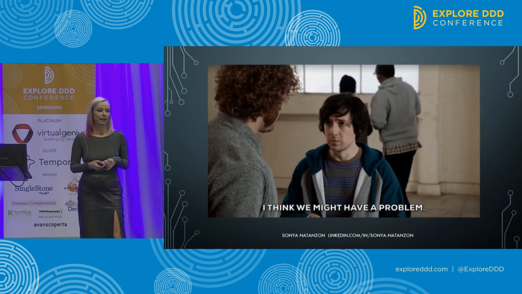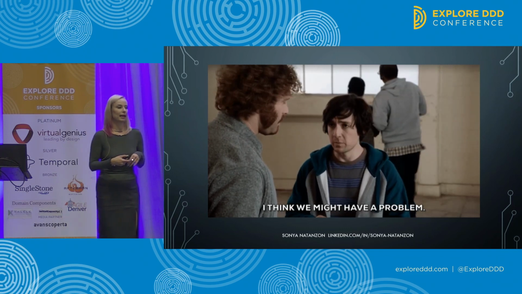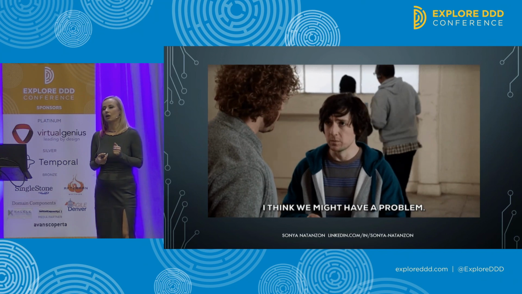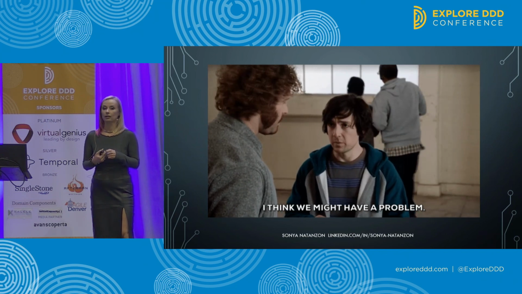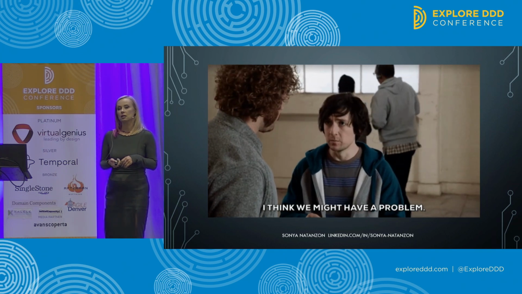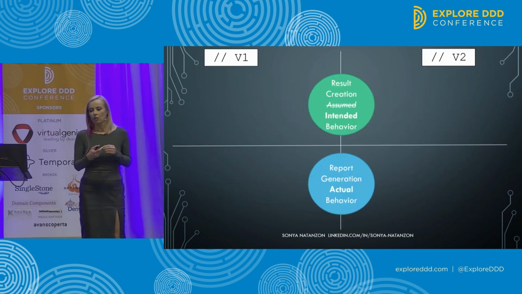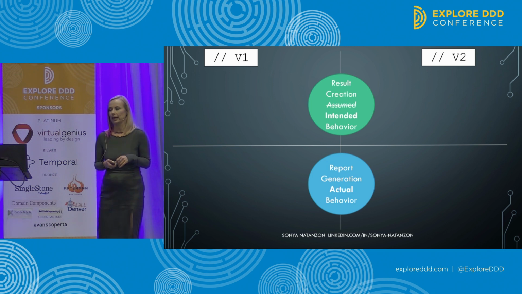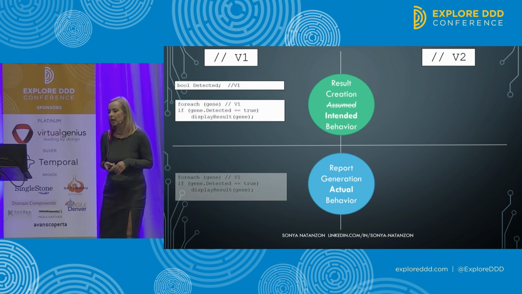A year and a half later, however, somebody in the result creation domain is saying that not all results that should be showing up on the V2 report, in fact, are. We start looking into it. We walk through the behavior of both V1 and V2, and we examine the intents and the actual implemented behavior. What do we find?